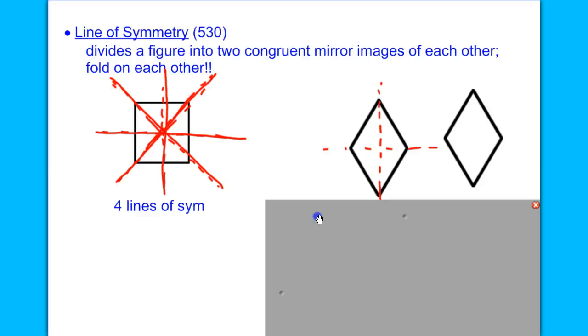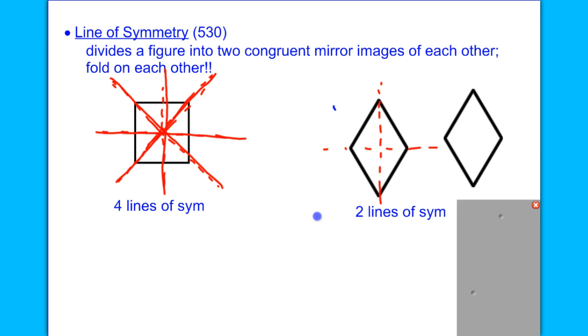Okay, who thinks that this could be also a line of symmetry? Anybody agree with that one? I see some hands up. Imagine folding it. Would this vertex up here land on its corresponding? No, so that really isn't going to work in this case, is it? Because of the way these angles are. So it looks like there's how many lines of symmetry here? 2. Be really careful that you can fold it across your line and it lands on itself. That's the key there, okay?